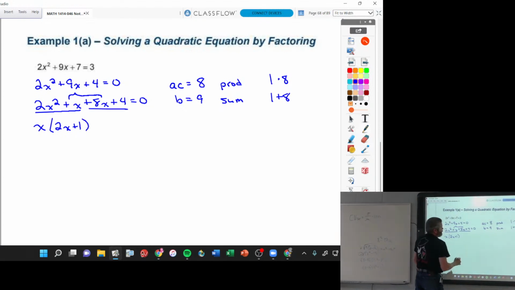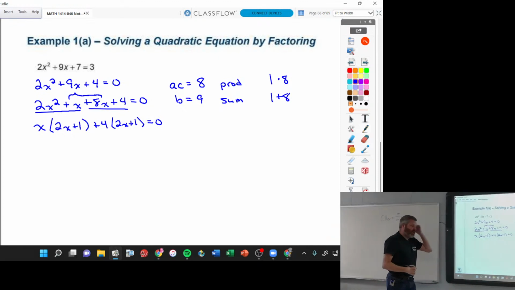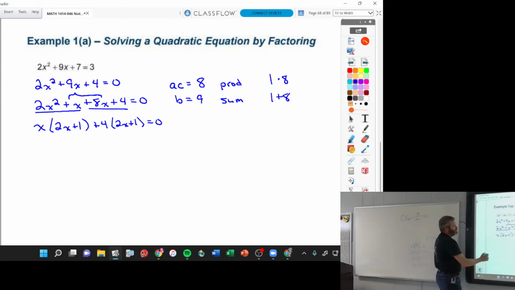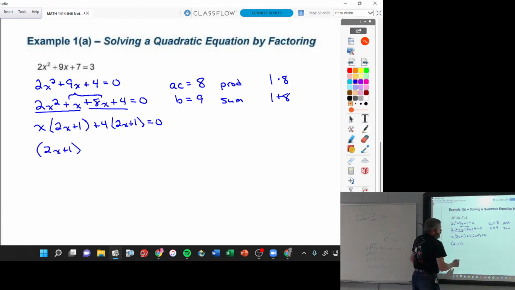My second group, I can factor out a 4, which leaves me with 2x plus 1. I now have two terms, and both of these terms have a 2x plus 1 in common. So I'll factor out the 2x plus 1, and the only thing that's left is x plus 4.